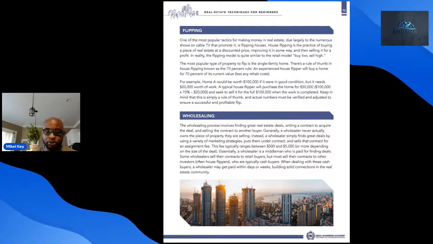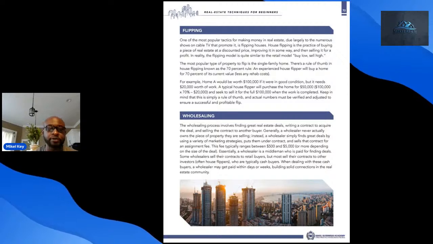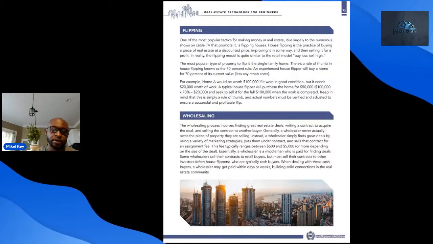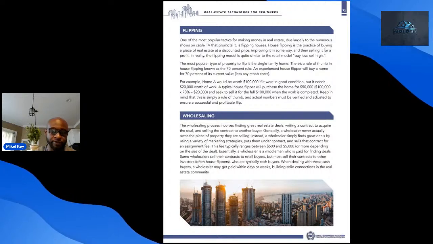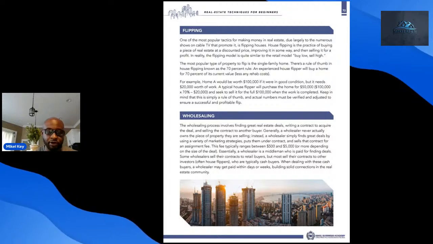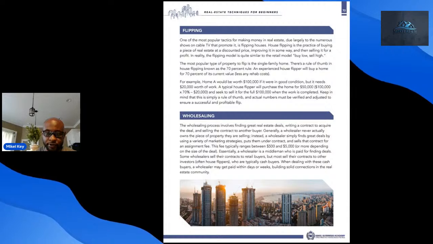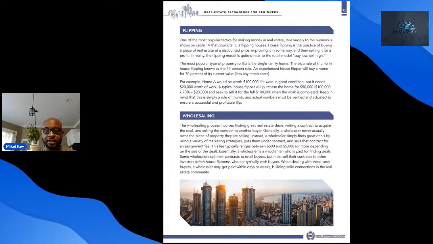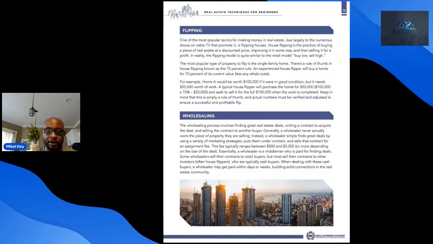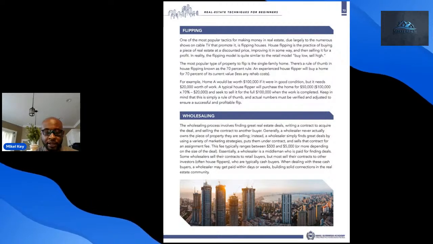If that price per square foot is $125, and your house is 1,000 square feet, you just multiply those by each other, and you come out with $125,000.